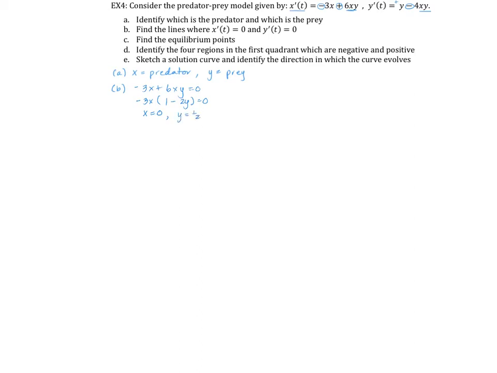So let's look at the y prime. When we set y prime equal to 0, we have y minus 4xy equal to 0. Factor out the common y, times 1 minus 4x equal to 0, and then set each factor equal to 0. I have y is equal to 0, x is equal to 1/4.